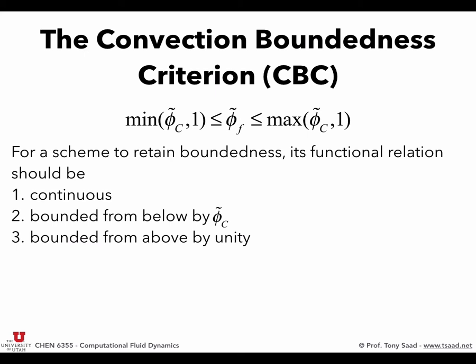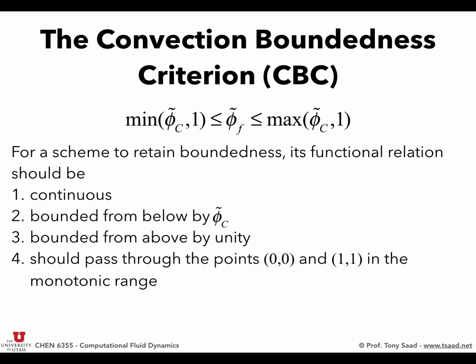We have to be bounded from below by phi tilde c all the way until phi tilde c hits 0. Below that, we have to be upwind. Okay? Should pass through the points. Now this is very important. On the NV diagram, normalized variable diagram, all schemes have to pass through the points 0, 0, and 1, 1.